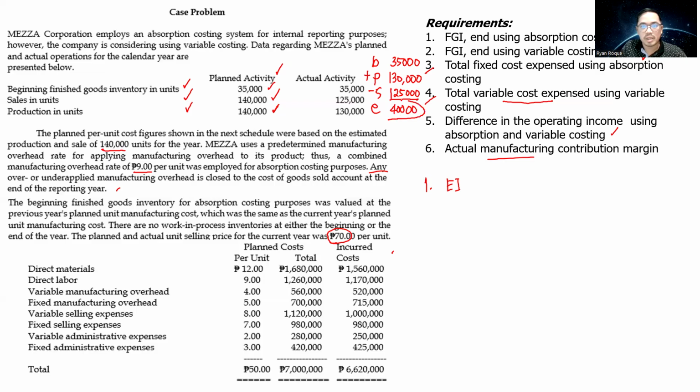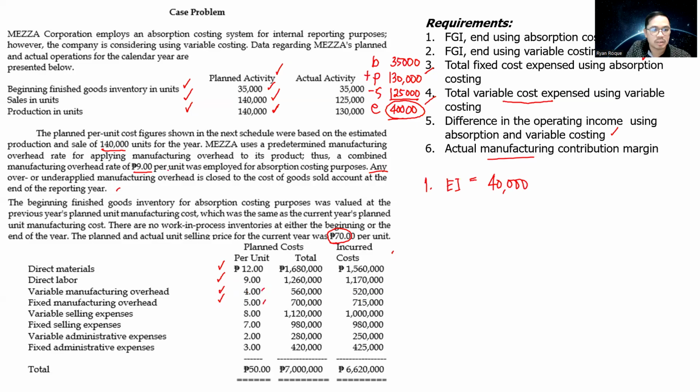So therefore, the ending inventory would be 40,000 units times the unit cost under absorption. So what is the unit cost under absorption? It was shown in the table at the bottom part of your screen: direct materials, 12 per unit. Direct labor, it's 9. Variable and fixed overhead, the total is 9, 4 plus 5.